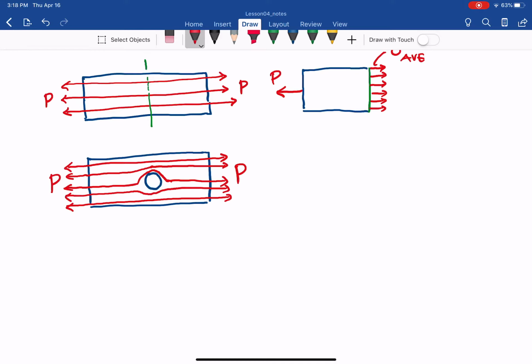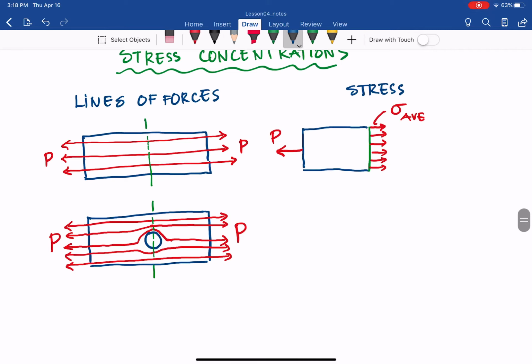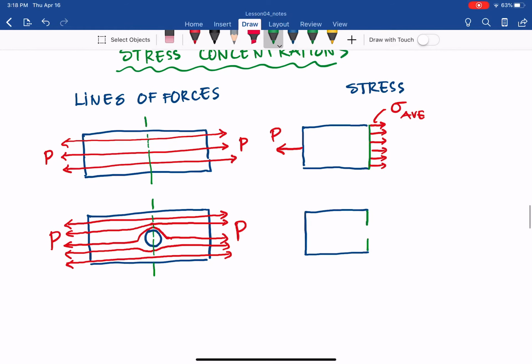So with that, if we make a similar cut through that section, what will we have here, in terms of the line of stress? We have a discontinuity, and from that we still have load P, the same load.